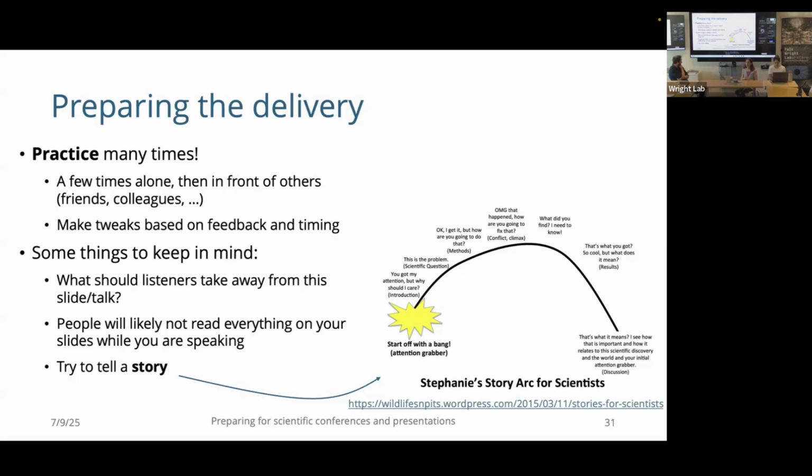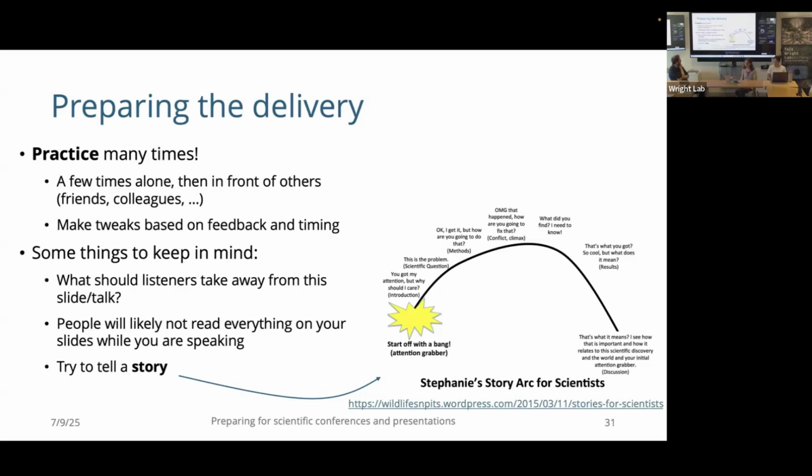It can be helpful also to practice in front of someone who's not an expert in that field, and they can comment on your delivery, how clear you were, how fast you spoke, things like that. Then you can make tweaks based on the feedback you received and also the timing. Practicing really helps you stay in time and be more confident at the conference that you're going to stay in time.